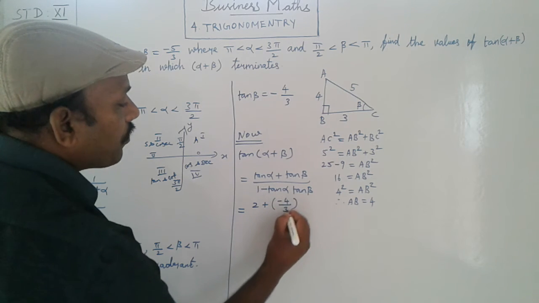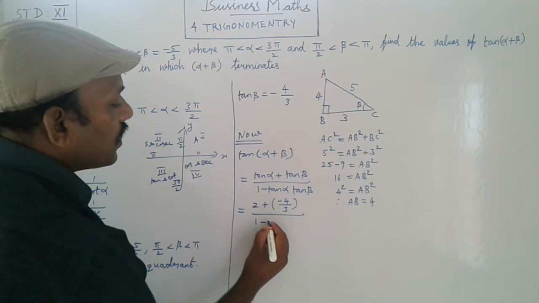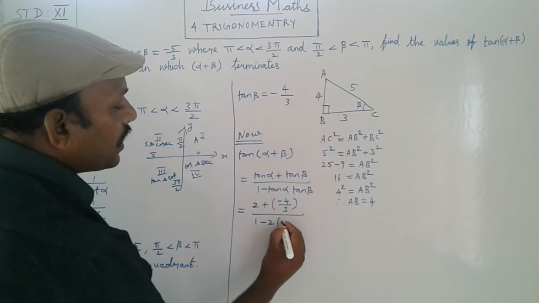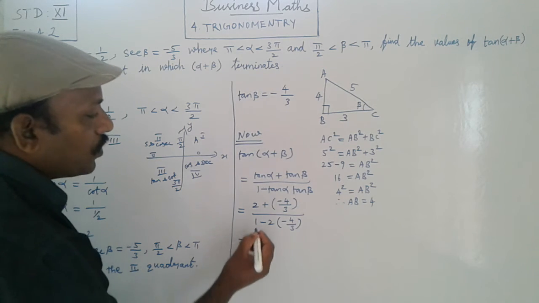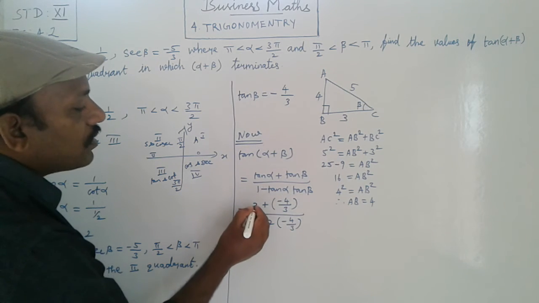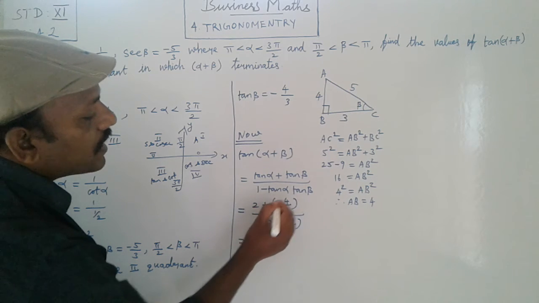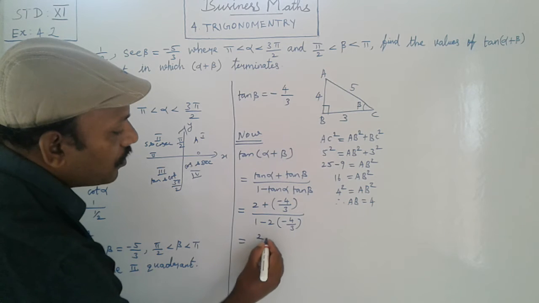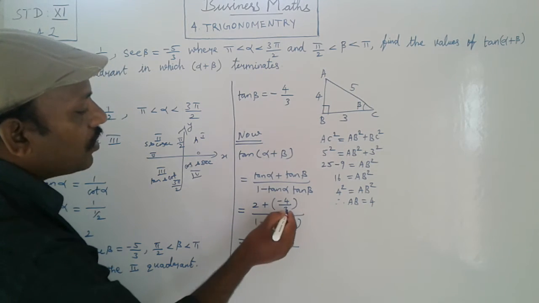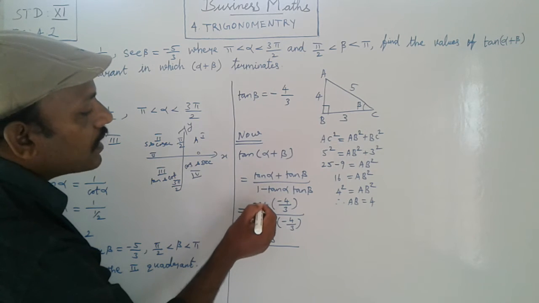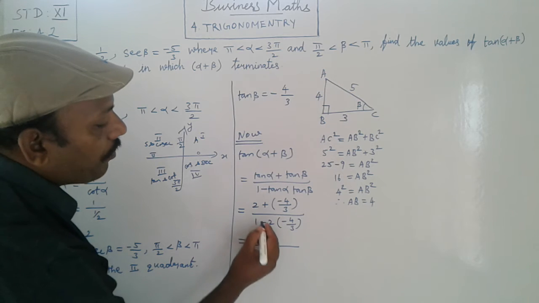The numerator is 2 plus minus 4 by 3: 3 twos are 6, 6 minus 4 is 2, so 2 divided by 3.